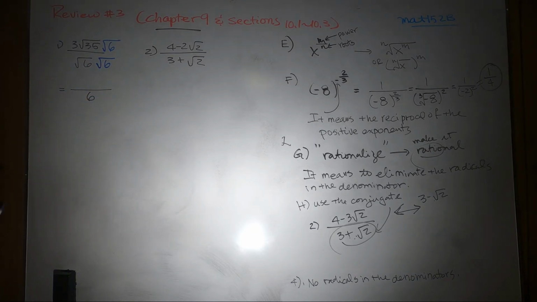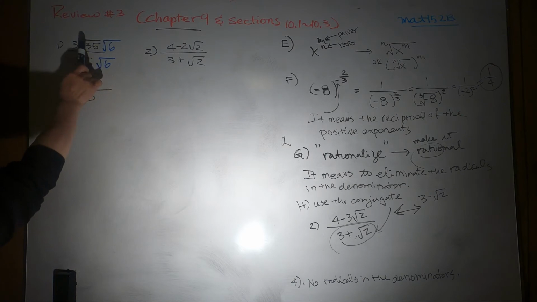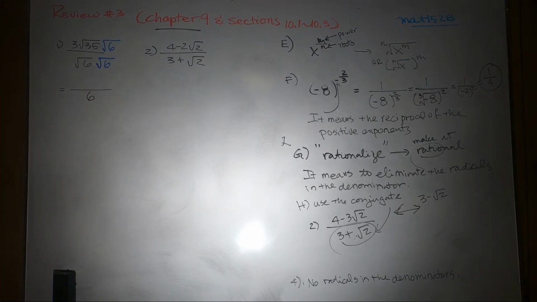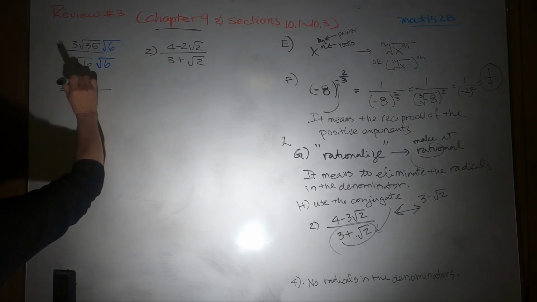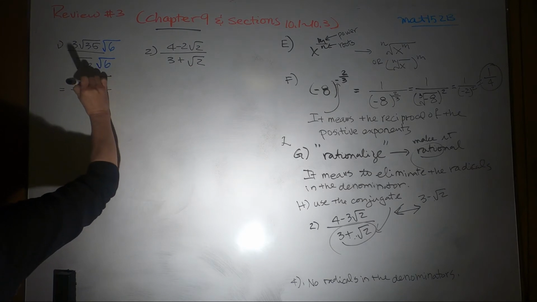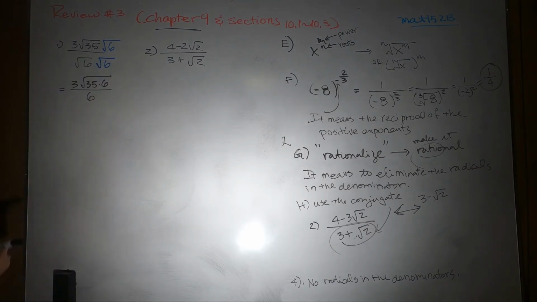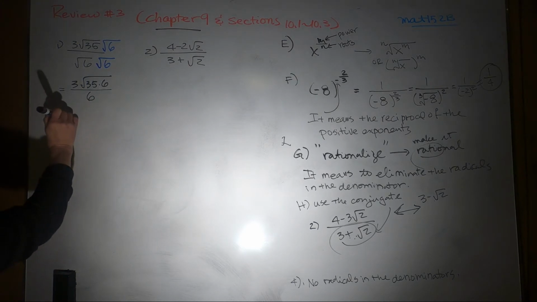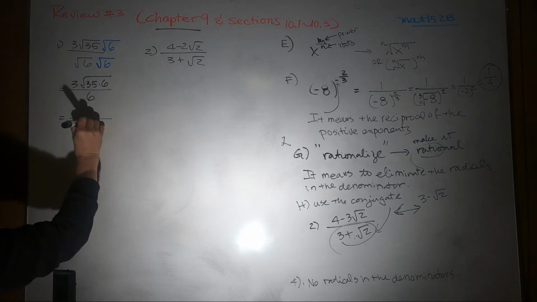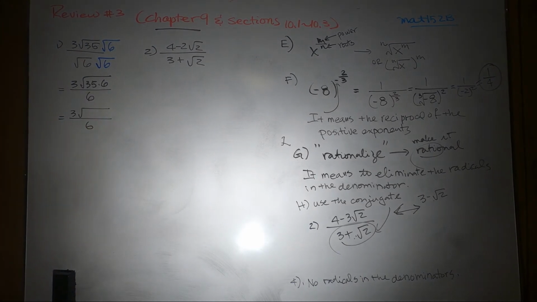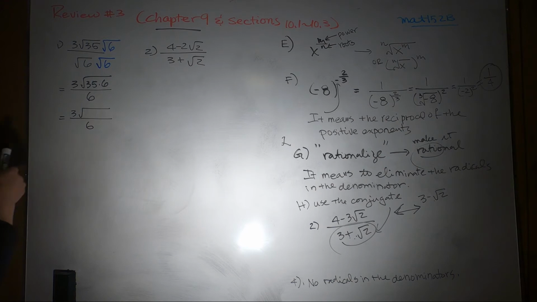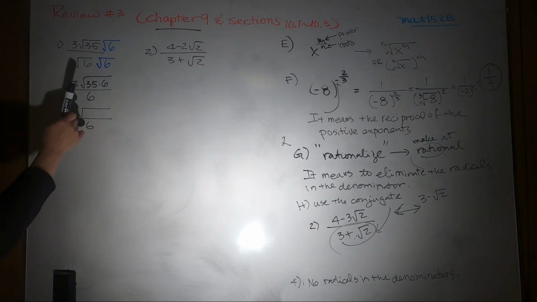So we said if you have the same radical, same index, you put them together. Use the product rule, right? So you have 3 here, 35 times 6, right? Then we split, we check. We need to simplify this. Then we see there's no negative, but we do have roots inside.